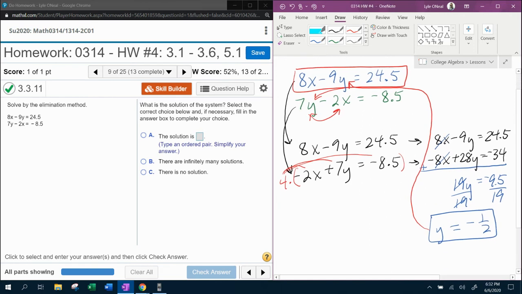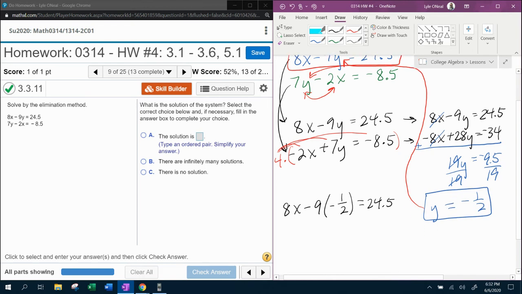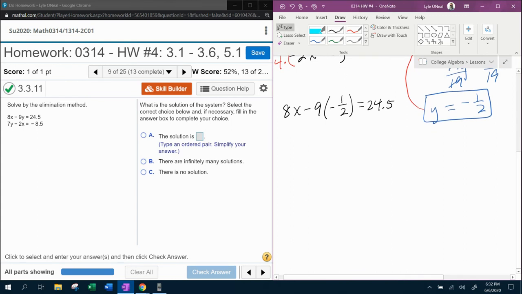So that's going to be 8x minus 9 times negative 1/2 equals 24.5. And then I'm going to need to solve that for x.